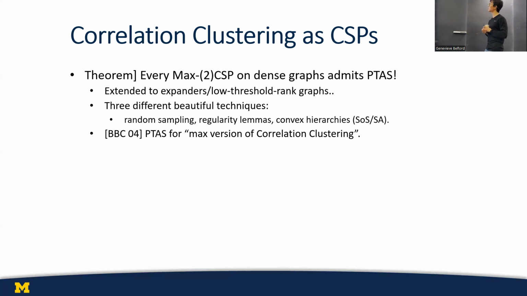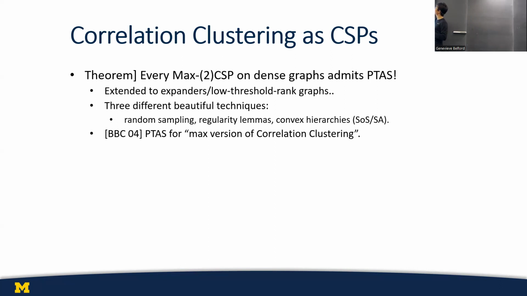There is a technique using random sampling to get a PTAS. There is some version of regularity lemmas to get a PTAS. And there is also the technique using convex hierarchies, Sum of Squares or Sherali-Adams, to get a PTAS. Of course there are some connections, but at least I think there are more to discover.